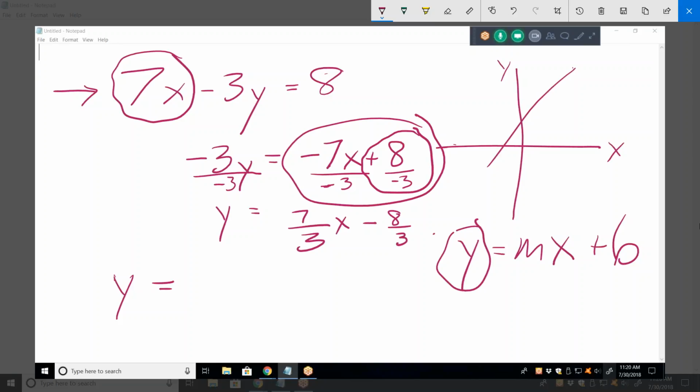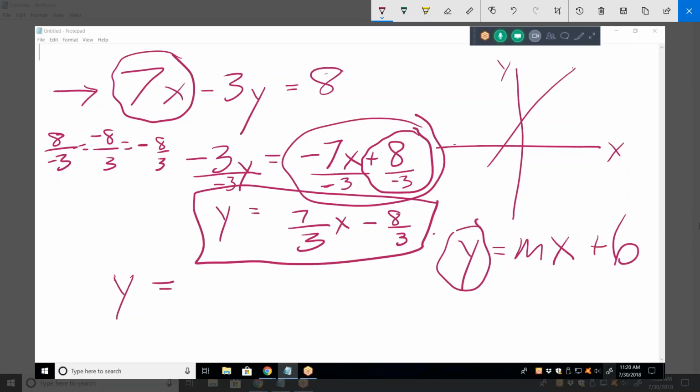All of these are the same, incidentally. I think you know this. It doesn't matter where that negative sign is. The reason I write it like this is because we're trying to get it into that format, y equals mx plus b, and I do have it in that format.